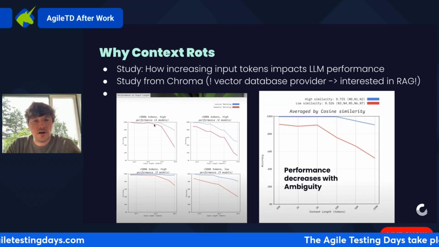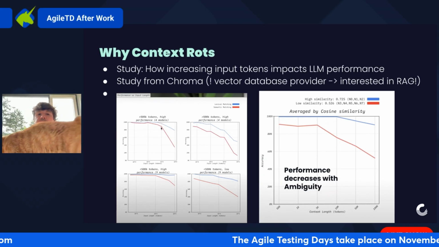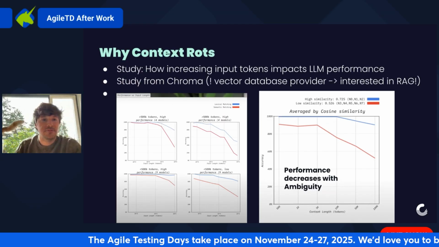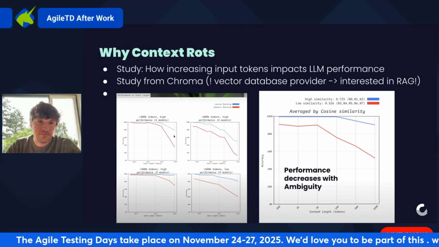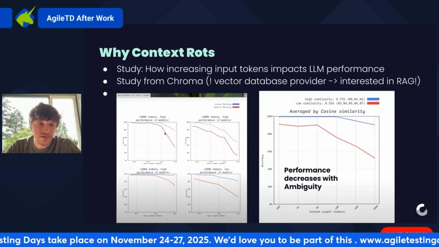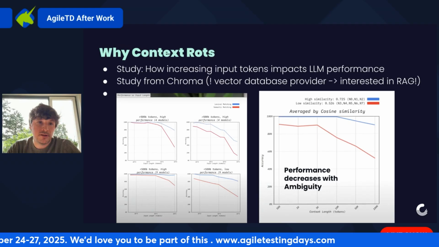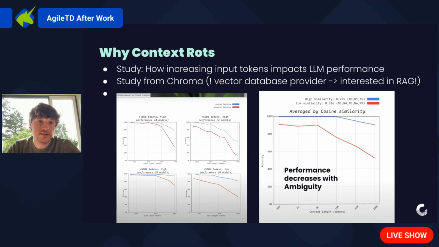And in the case of semantic matching, so the red graph, you can see that with increasing input context length, the performance even degrades significantly more than when you always use the same keywords.